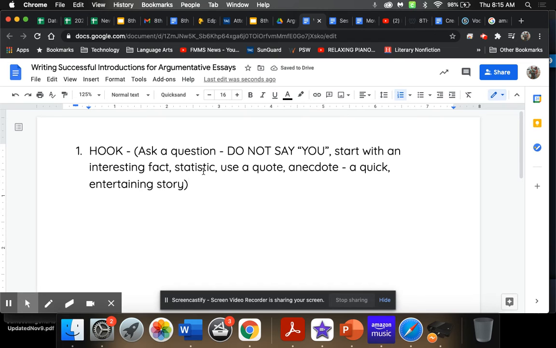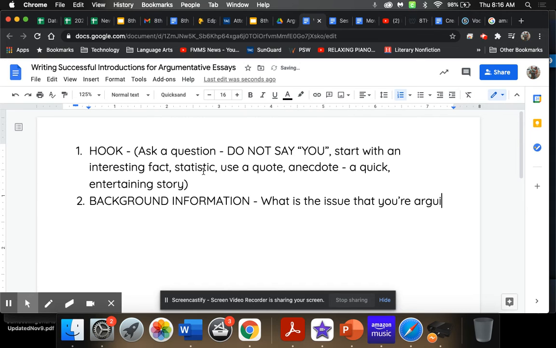All right. Then, after you hook your reader, you're going to give your background information. That is, what is the issue that you're arguing about? I know in the past, when you guys did background information, if you were writing an expository essay based on texts that you read, this is where your information on your stories would go.